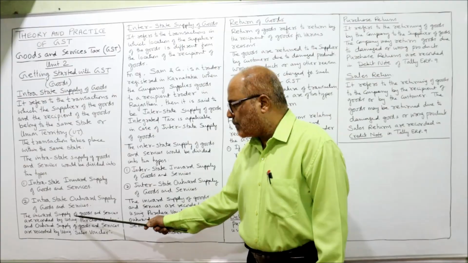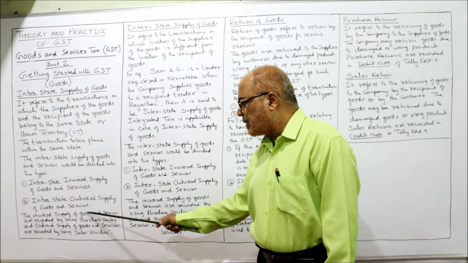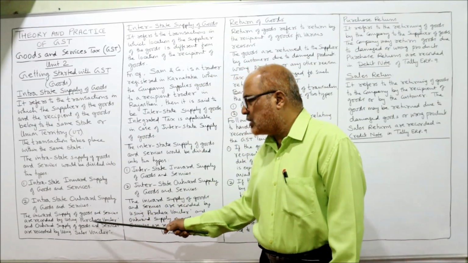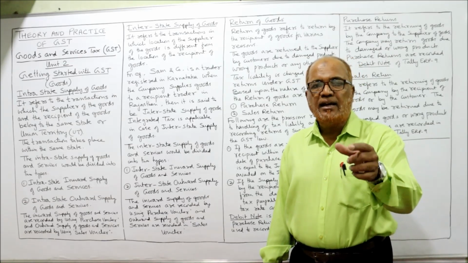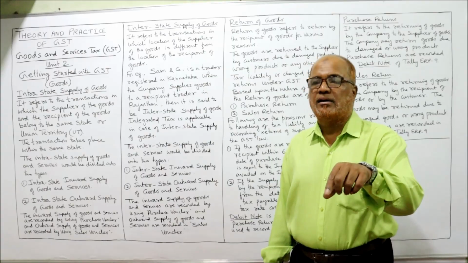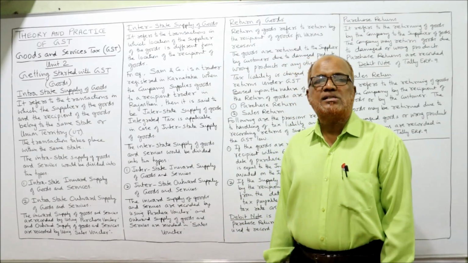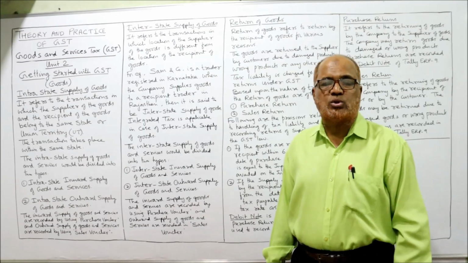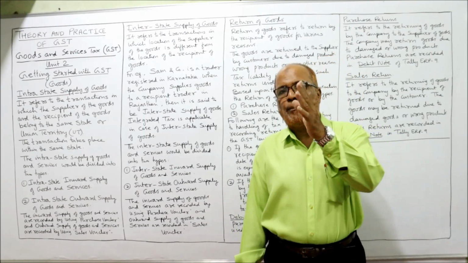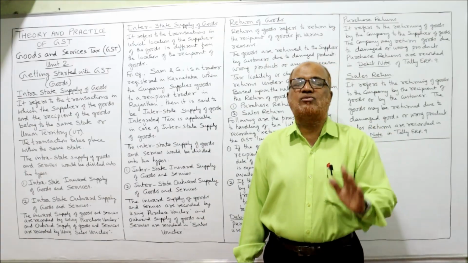Now the inward supply of goods and services is recorded by using purchase voucher. So two vouchers are there, purchase voucher and sales voucher.